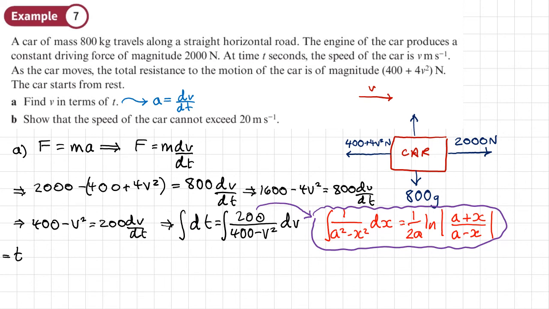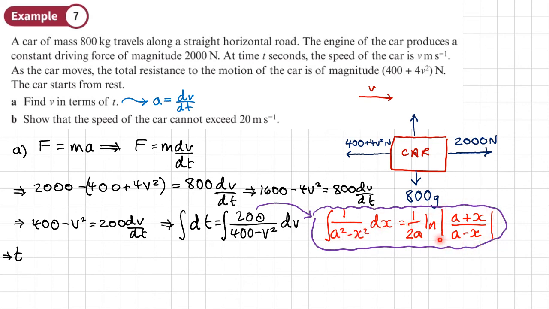Now on the right hand side we could use partial fractions, but there's another result, just like the previous example, that we can use from the formula book, and that's if we see this pattern, the integral of 1 over a squared minus x squared, we can use this result.